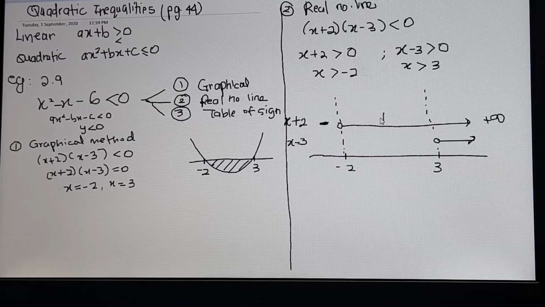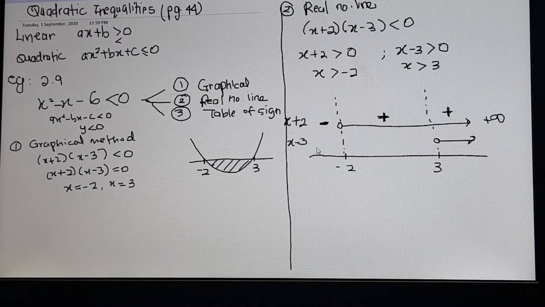Yes, so you put a positive sign. And the last area, does the line cross to the right of 3? Yes, so you put a positive sign.